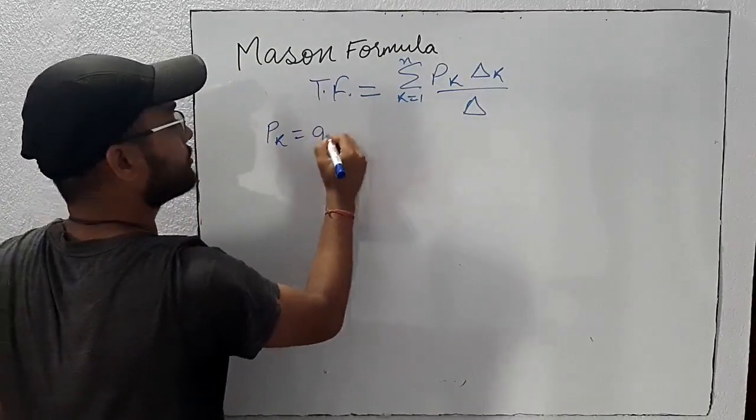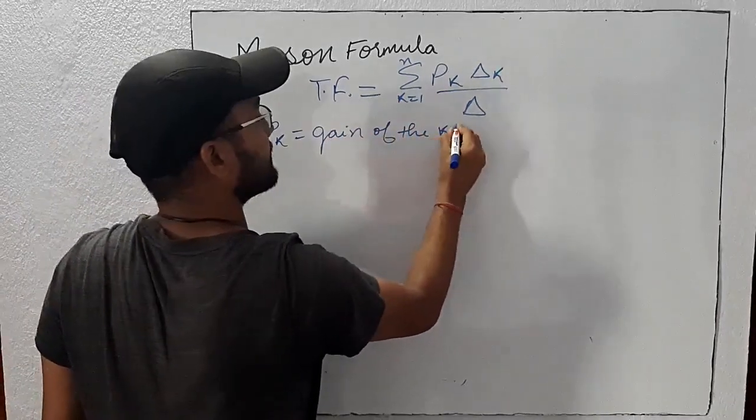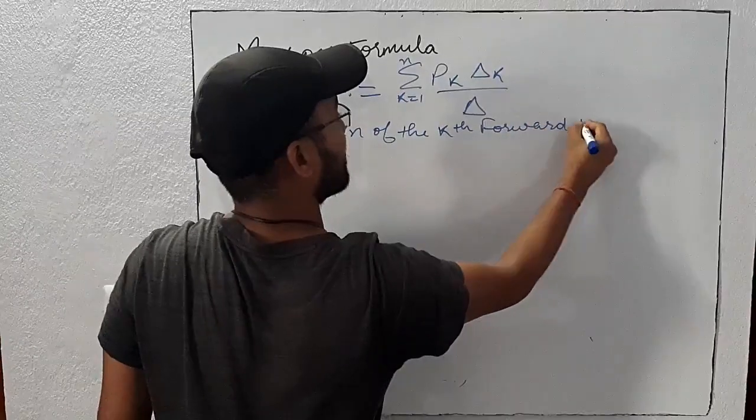Pk is equal to the gain of the kth forward path.